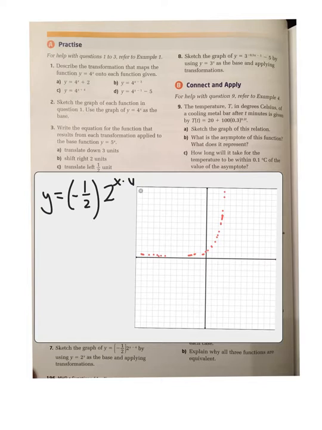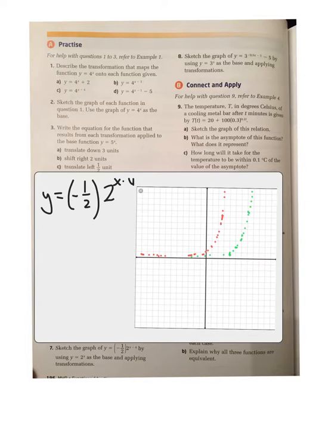So the x minus 4 takes everything 4 units to the right. So that would put a point there, and then the next one up would go to 2 squared, 4, and then up there to 8. So that would be that one. That would be shifted 4 units to the right.